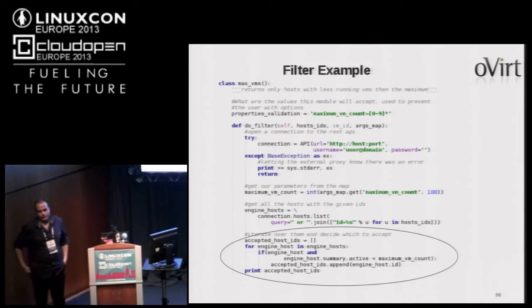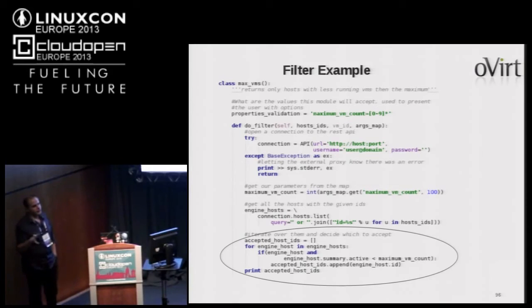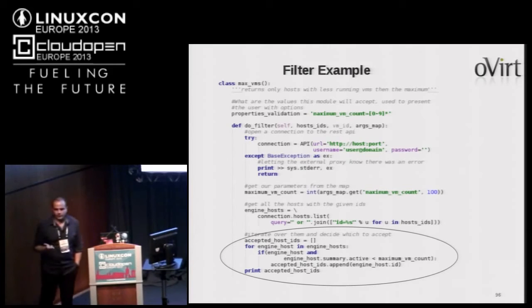I might want to trigger the filter in a number of cases, maybe a hardware failure, time of the day, I don't know. Perhaps a hardware failure may cause a migration to happen, and the filter will work in migration as well. You can't trigger that directly. It triggers only when the regular scheduler would have triggered.